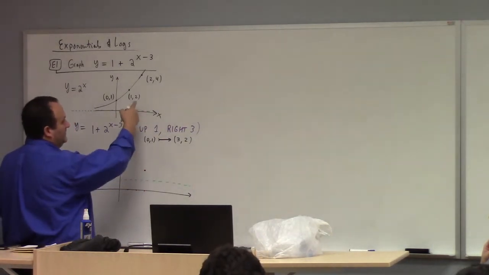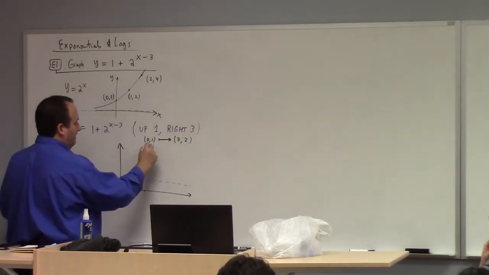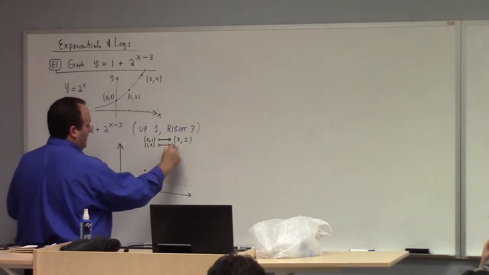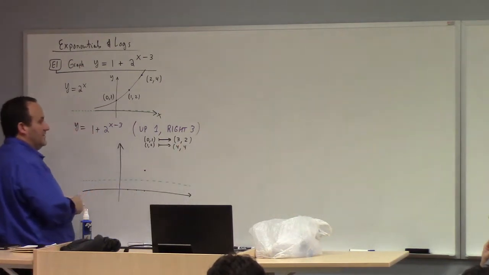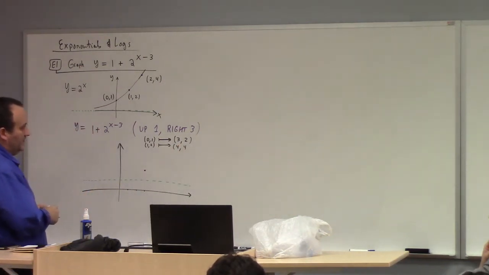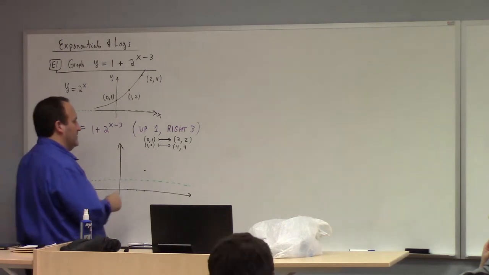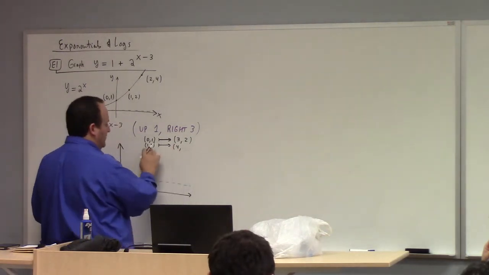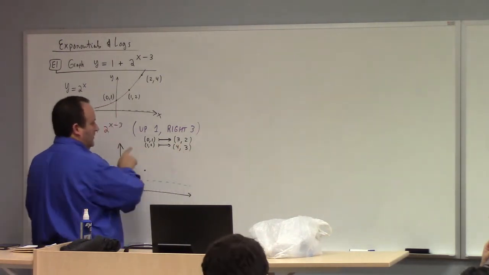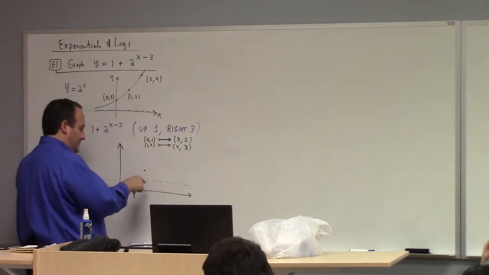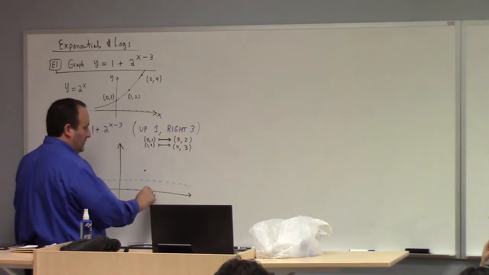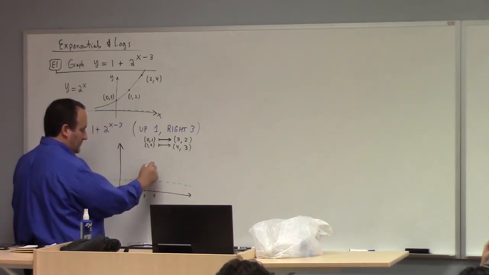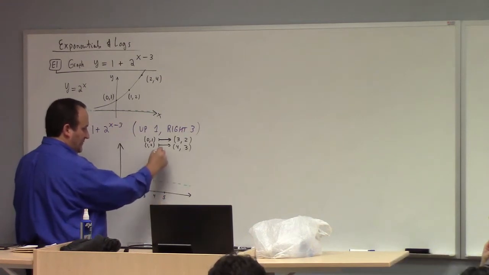And then this (1, 2) shifts to where? (4, 4), I think. Because I go up 1. I'm sorry. I go up 1. I can't do math. 2 plus 1 is 3. Going right 3, so yeah. This is 3, 4. So I go to (4, 3), something like that. And then when I get to 5, I've got this point up here, right?